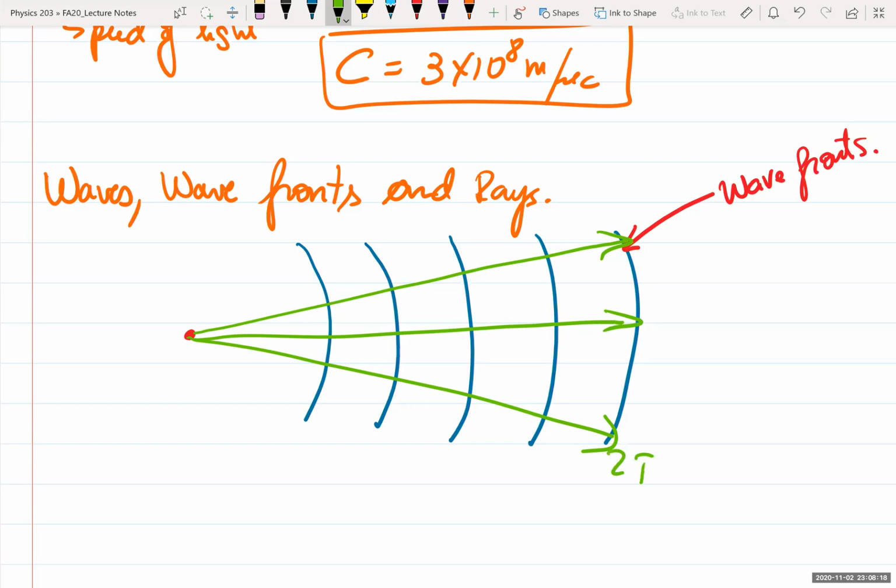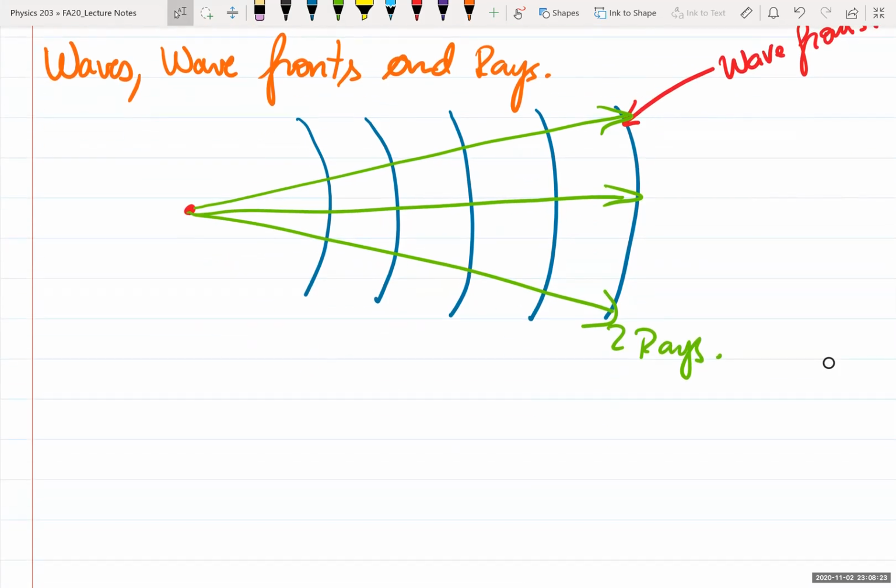We call these rays, and we're going to use rays. They're going to be very important in chapter 34 for us. Okay. The rays are always perpendicular to the wavefronts. So basically this is always a 90-degree angle.